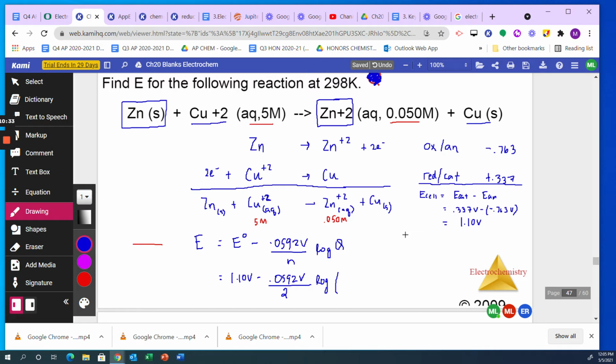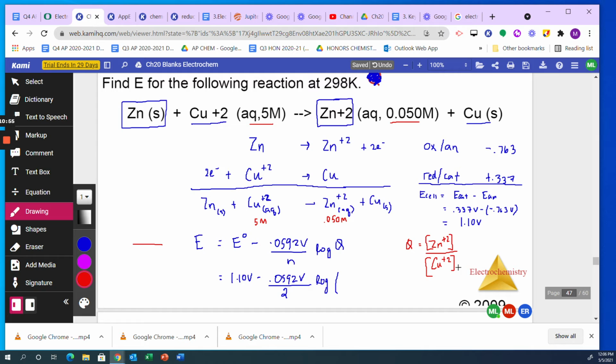I'm going to solve for it on the side. Q is equal to the products, here's the final equation, zinc plus 2, do not put the solid in, divided by copper plus 2.